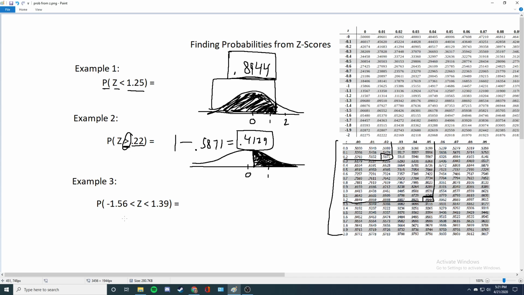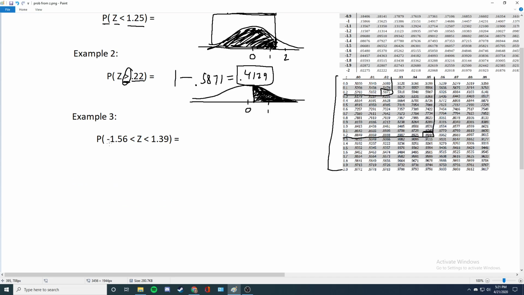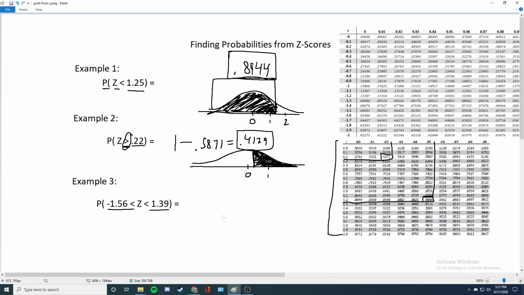Now example 3 looks a bit more complicated, but we're really just mushing these two problems together. We've got z is both greater than negative 1.56 but less than 1.39. What I like to do with all these problems is shade what we're trying to find on a normal curve, because that gives you an idea of what we're going to be doing.